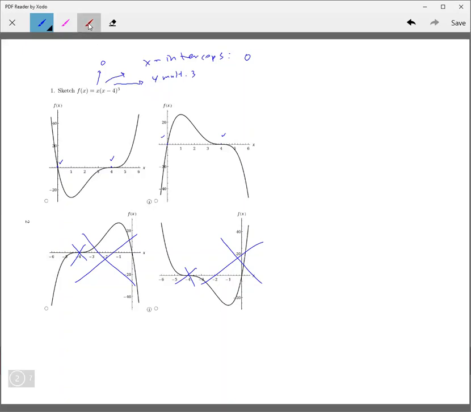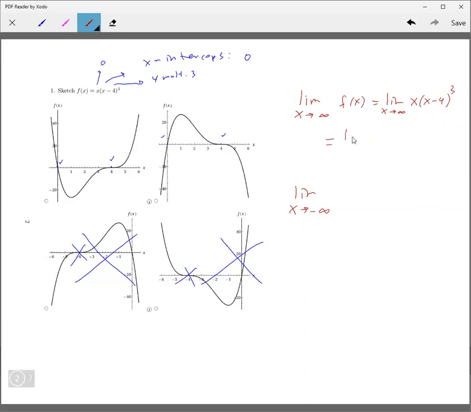Okay, and then the next thing that you probably want to look for is what happens as you go to infinity of the graph, and what happens as you go to negative infinity. So what do we have? We have x times (x minus 4) to the third power.